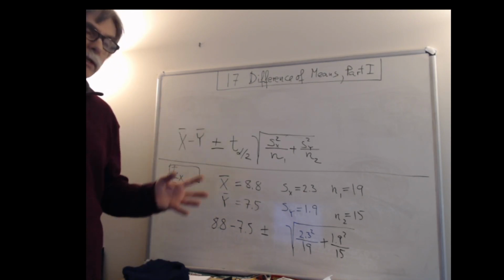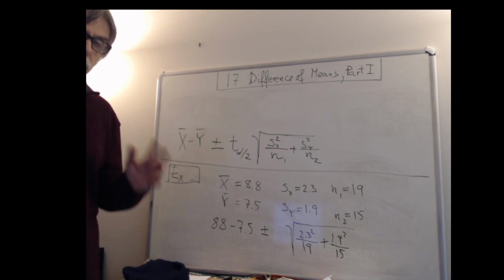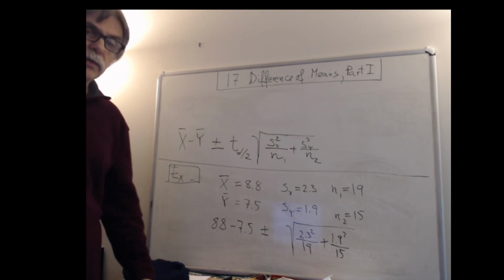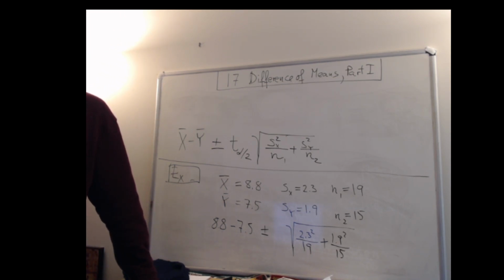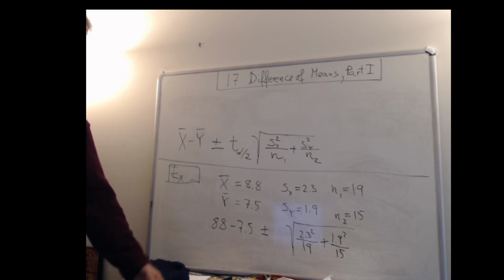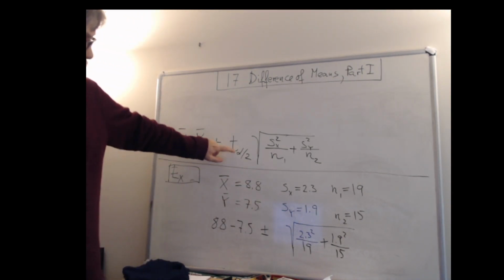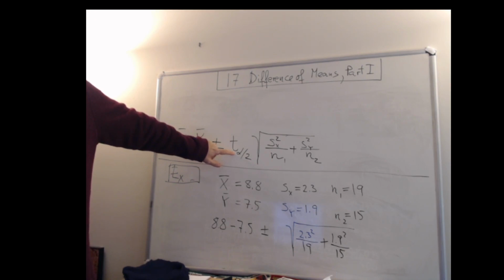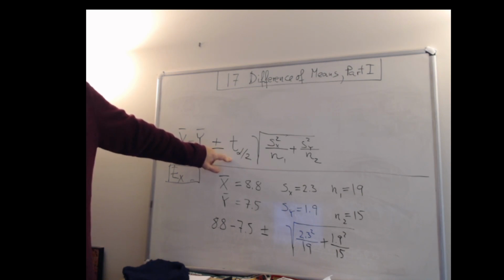So we have 18 in the first group and 14 in the second group. Now the question is, what is our degrees of freedom that we're going to use for the critical value here? Because this guy is associated with degrees of freedom. It's not the same. Depends on what degrees of freedom is. If degrees of freedom changes, then this value changes, regardless of whether you fixed your confidence.